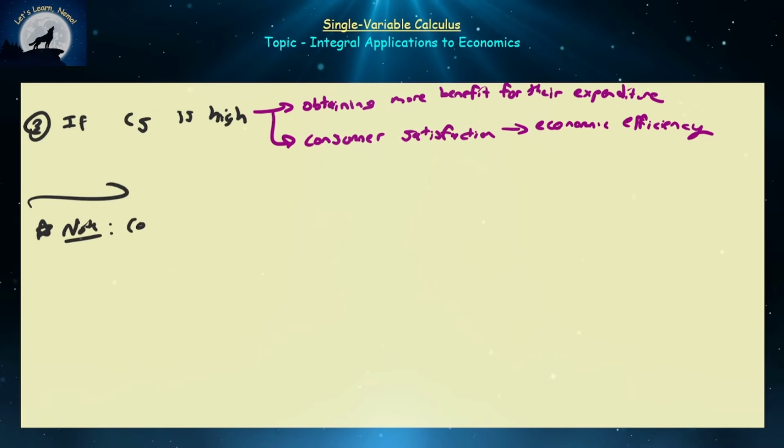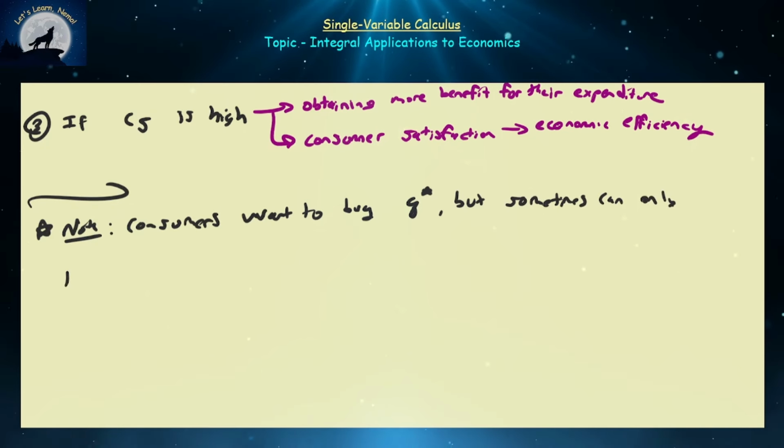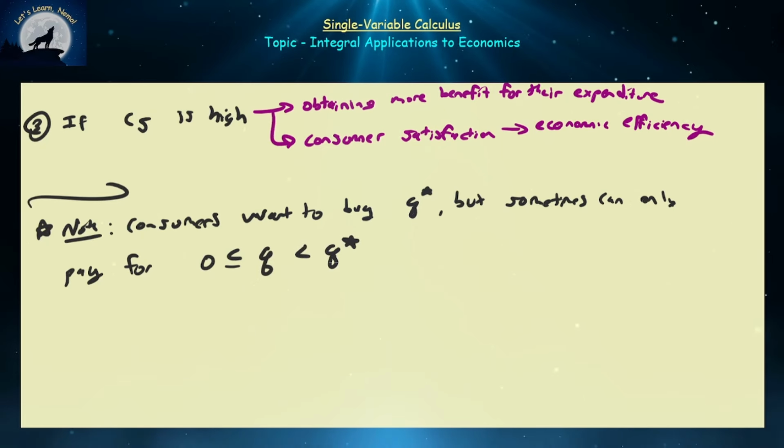All right, so consumers, let's assume that they want to buy up to the market quantity, Q star, but sometimes can only pay for, let's say, 0 less than or equal to Q less than Q star. So they can only buy less of them because obviously it costs less.